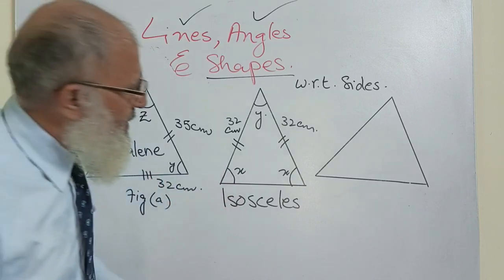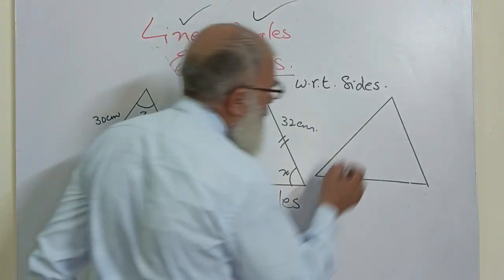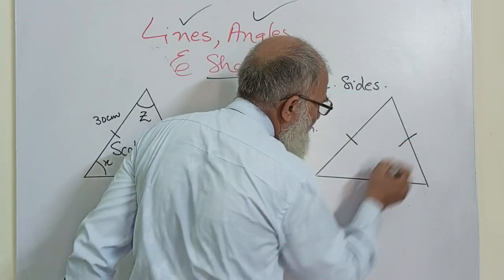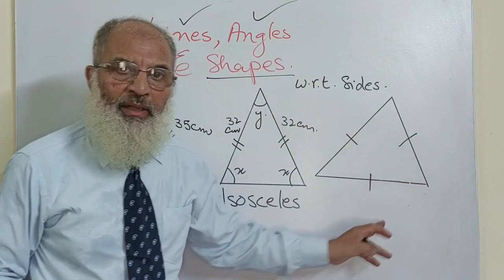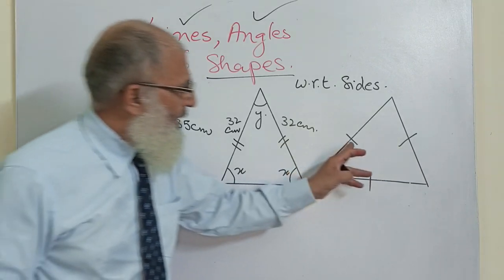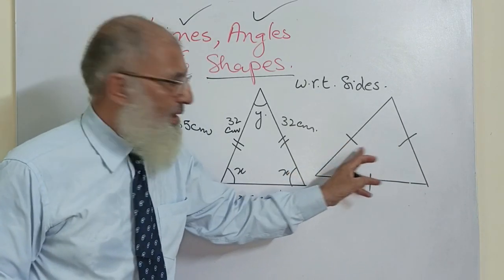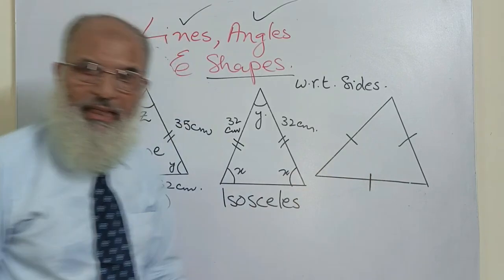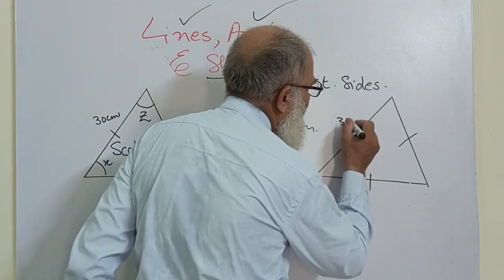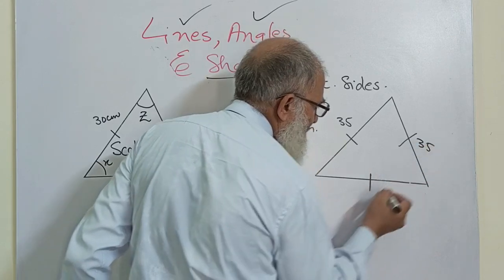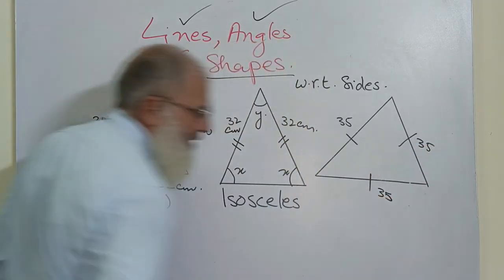The third and the last is the equilateral triangle, when all sides are equal. Now this short line tells us that this line is equal to this line is equal to this line. That means if it is 35 centimeters, this is also 35 centimeters, and this is also 35 centimeters.